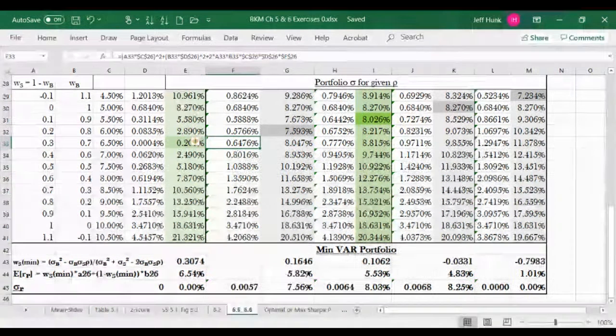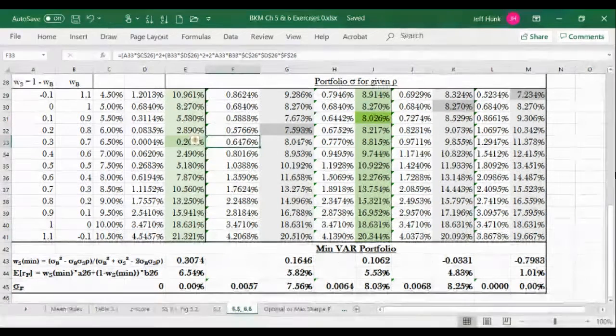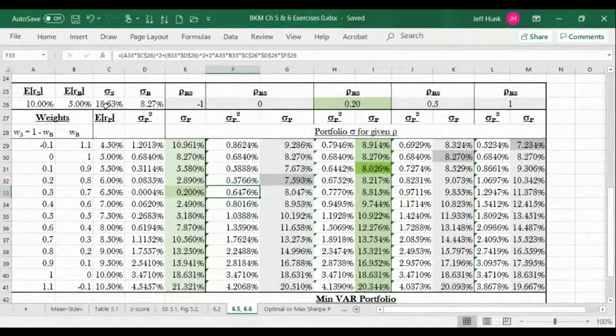And if you compare it with the slide, the PowerPoint, you might find there's a slight discrepancy. Why? A slight discrepancy is mainly due to the rounding, because I'm using exactly the computed value for standard deviation of stock portfolio and standard deviation of the bond portfolio.